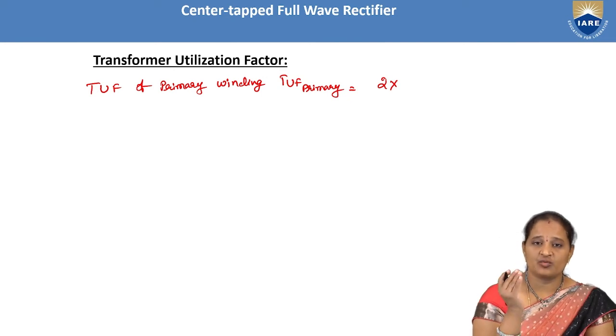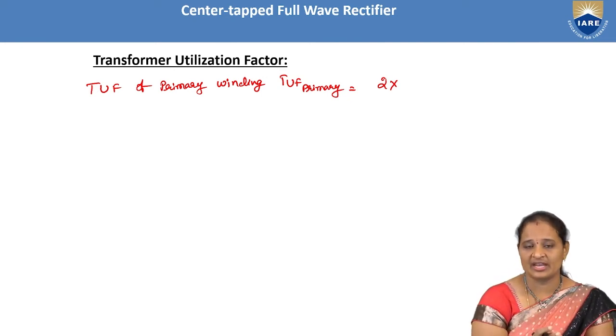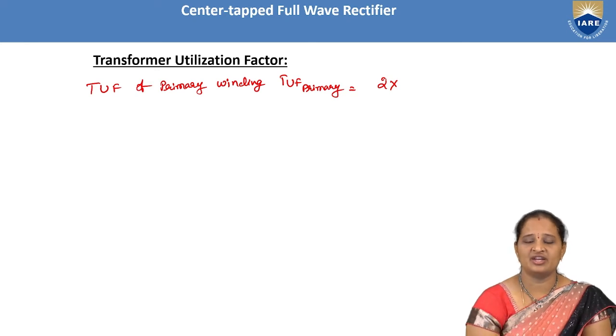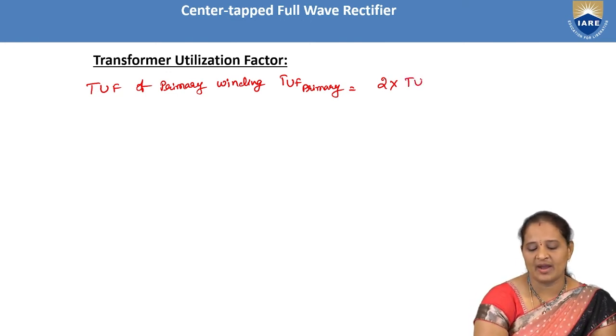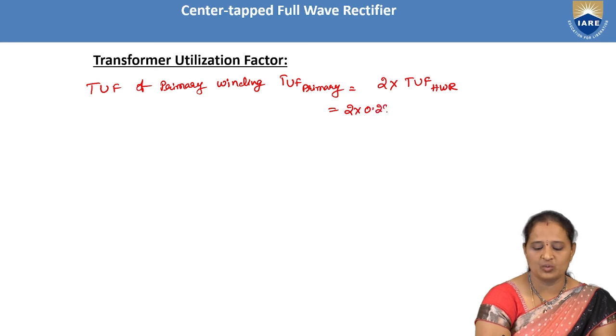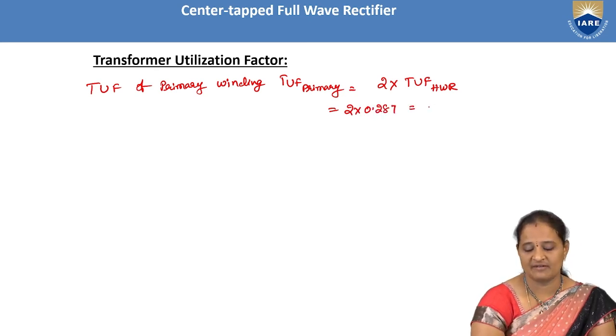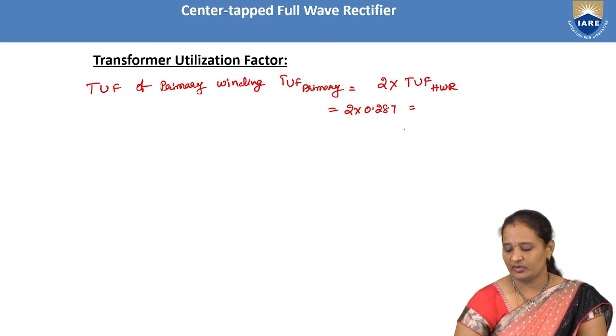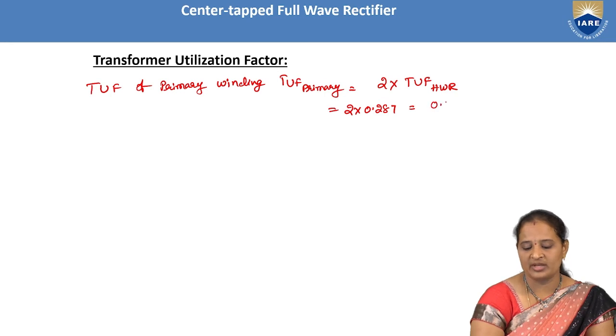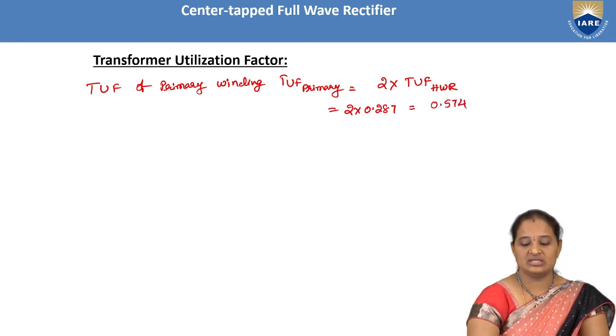Because whatever input voltage we are getting in the primary winding is getting divided into two halves, in each case it is acting like a half wave rectifier. So it can be obtained from the transformer utilization factor of half wave rectifier, which we already know, that is 0.287. 2 into 0.287 is equal to 0.574. So this is the transformer utilization factor of the primary.